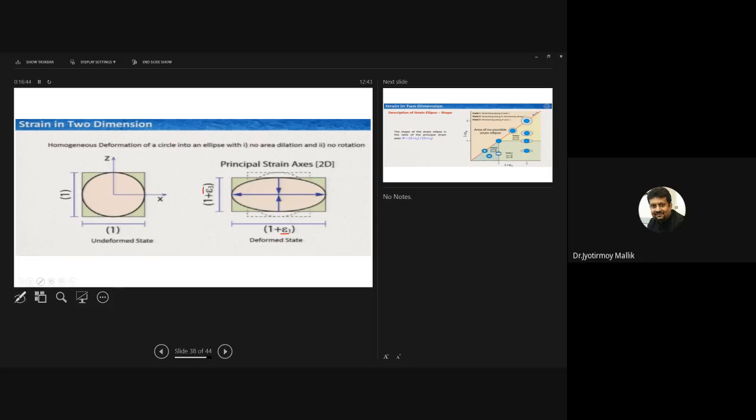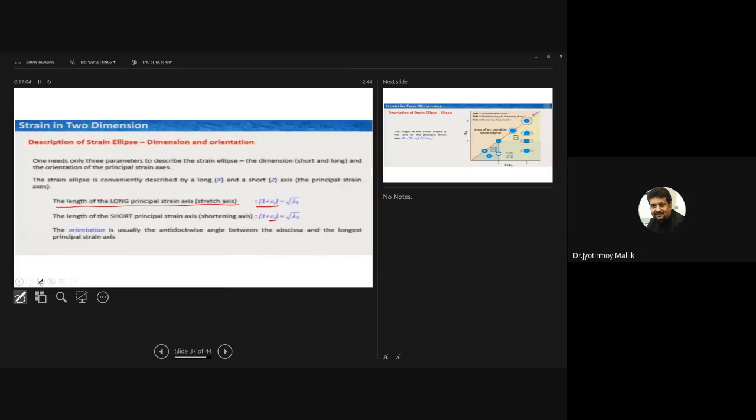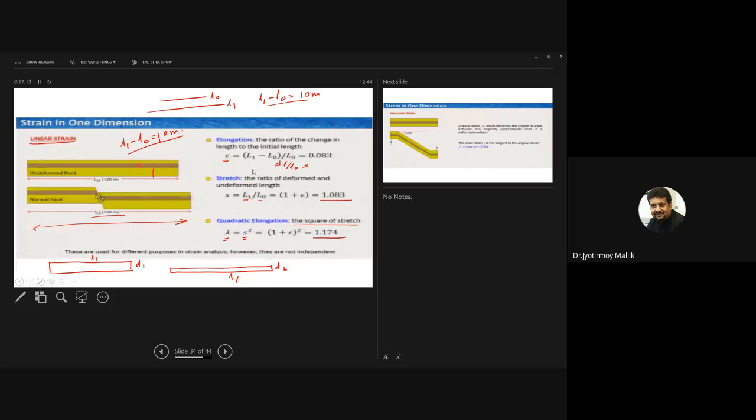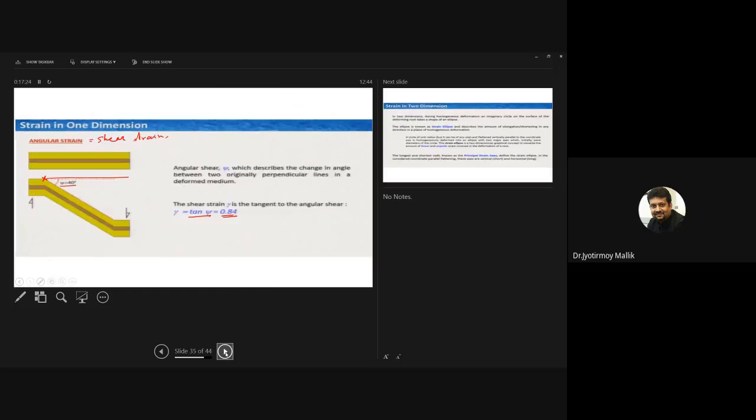Then the major axis will be 1 plus epsilon 1, and the minor axis will be 1 plus epsilon 3. Epsilon is the elongation. So epsilon 1 is the elongation along the x-axis, and epsilon 3 is the shortening along the y-axis.